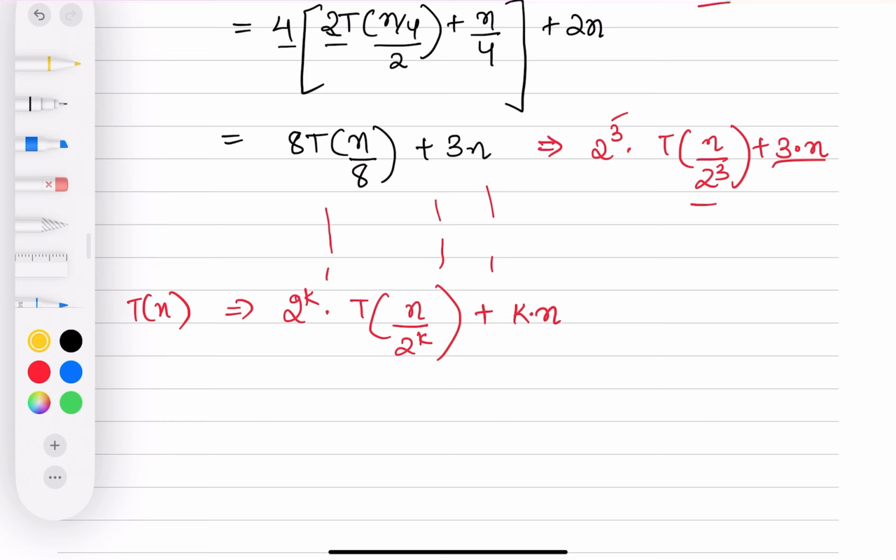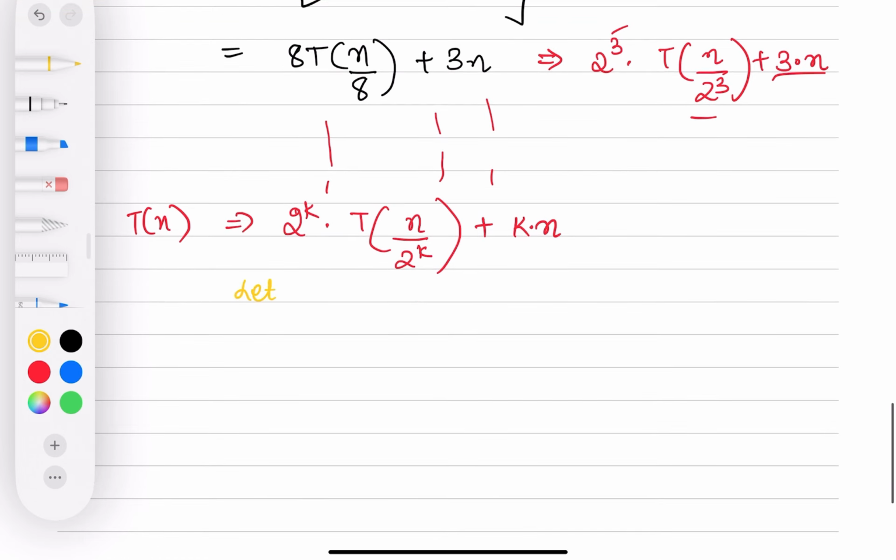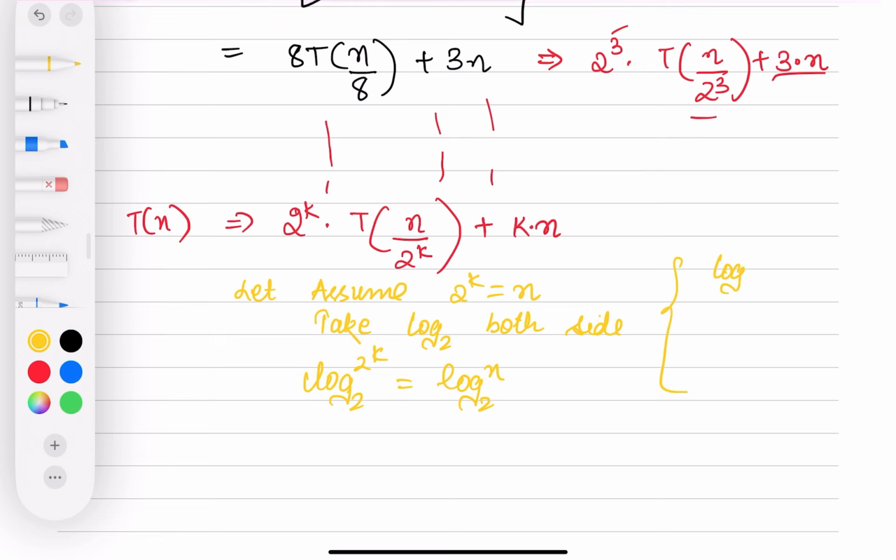Now how to manipulate this? What you do is, let's assume 2 power k equals n and take log on both sides. Once you do that, what you get is log 2 power k equals log n. Now if you remember the property of log, log a to the base b power k becomes k times log a to the base b.